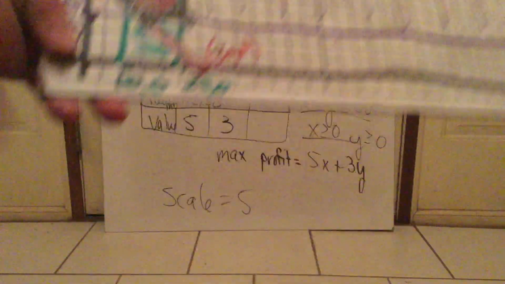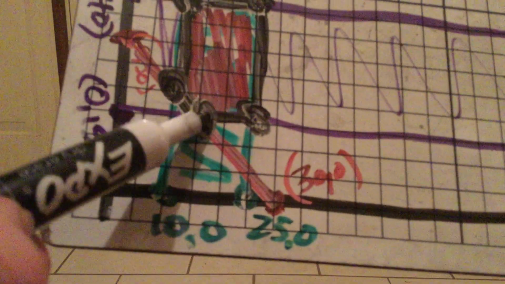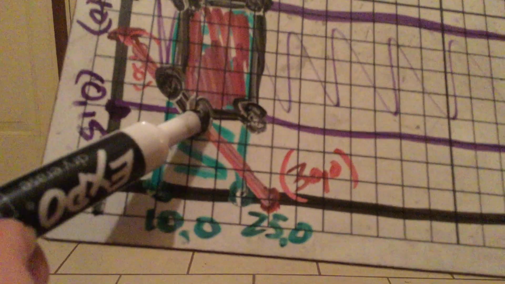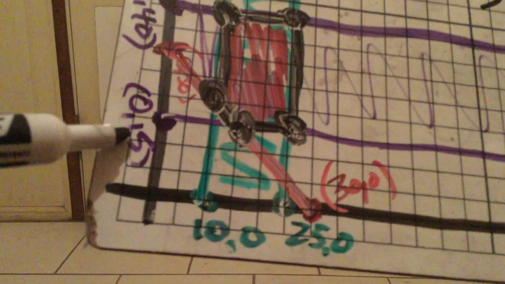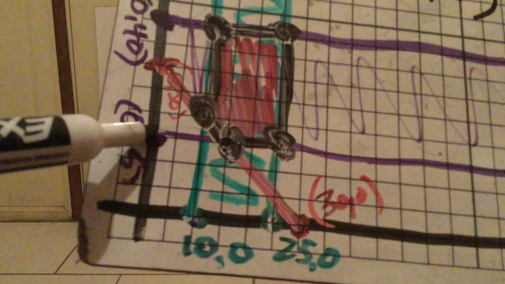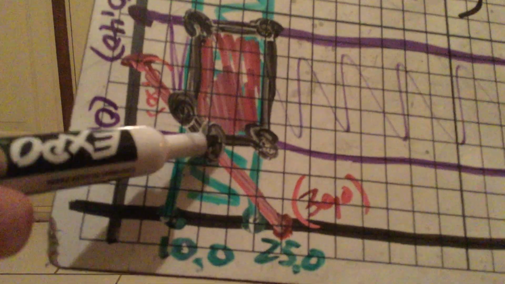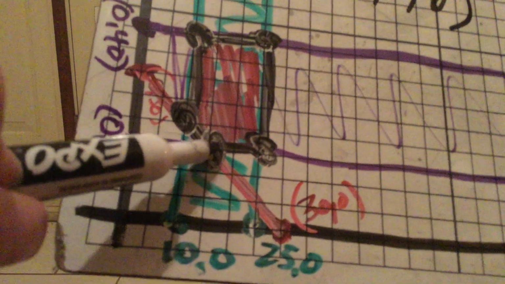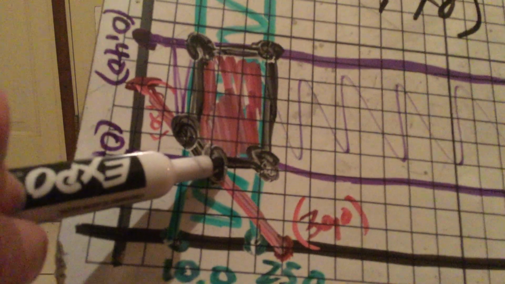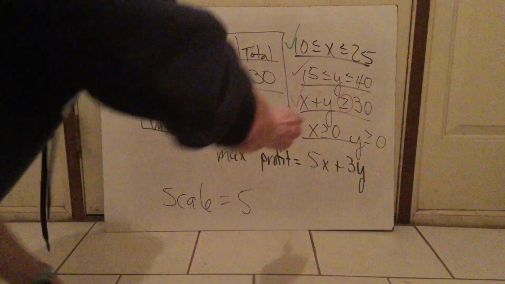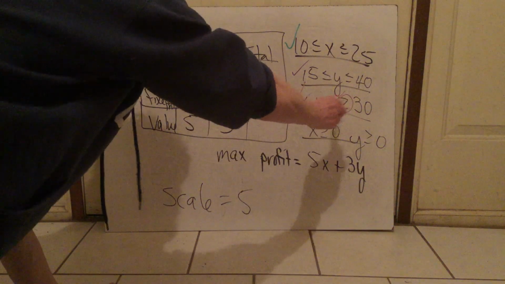Okay? Now, I want you to look carefully at this point right here. He is on this line, which means that y is 15. Y is 15 right there, okay? Now, if y is 15, then what does x have to be?